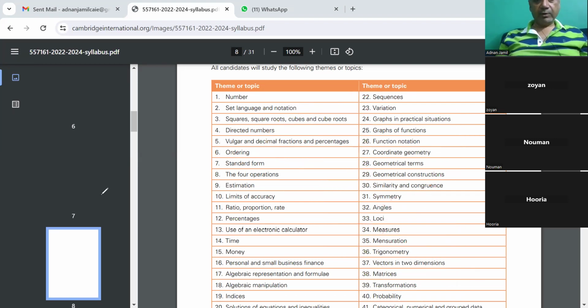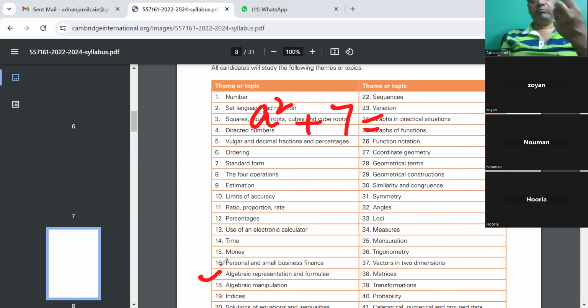Okay. So this was basically it. And then I told you that there will always be one question on algebraic representation, formula, subject of the formula.